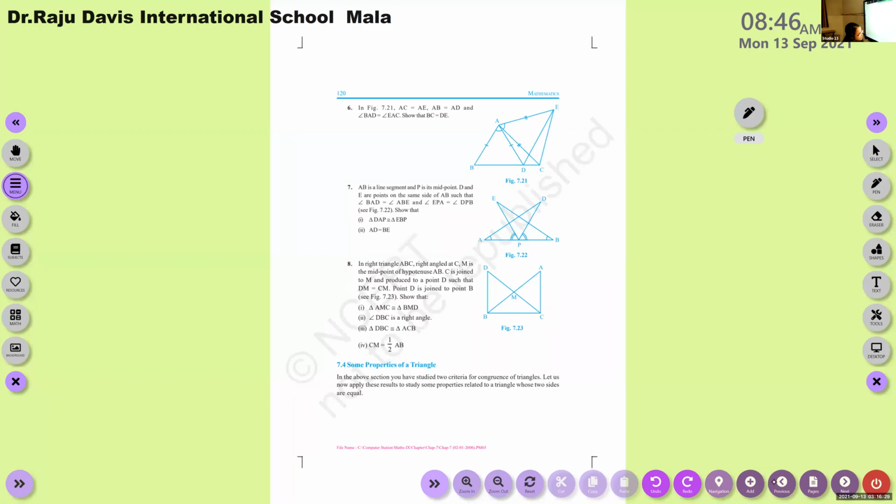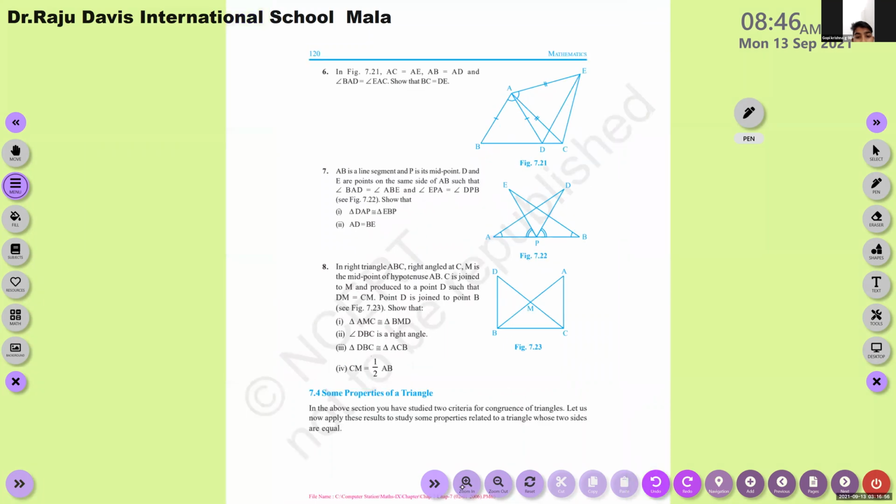Okay. Now, Gobi, read the question. Yes, ma'am. In right triangle ABC, right angle at C, M is the midpoint of hypotenuse AB.